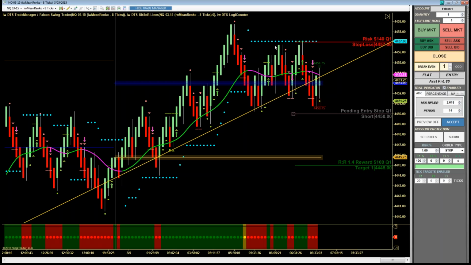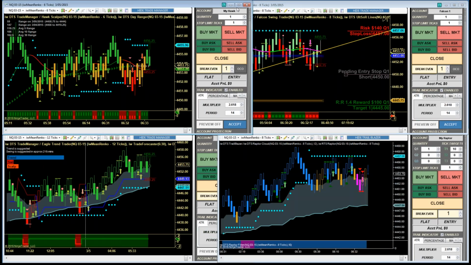We're just 3 minutes into the session, but the last couple of days we've been getting an early run off of that first signal. So I thought I would take a look at taking the first signal today.